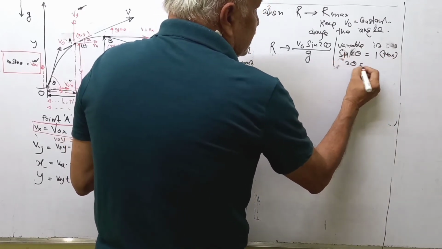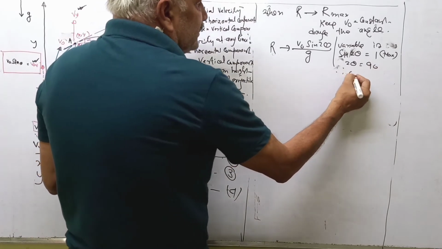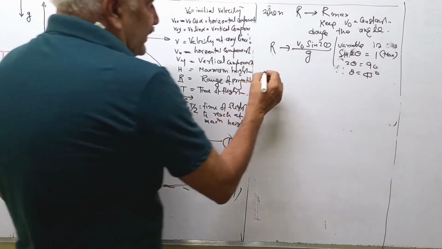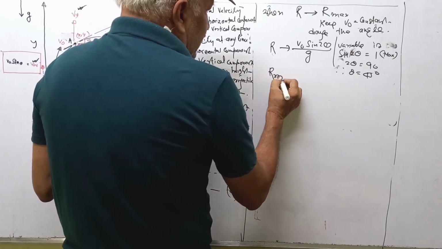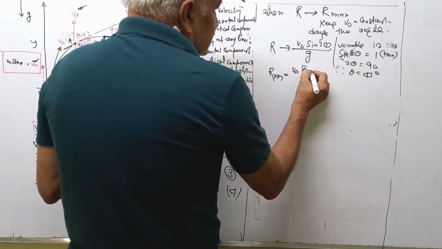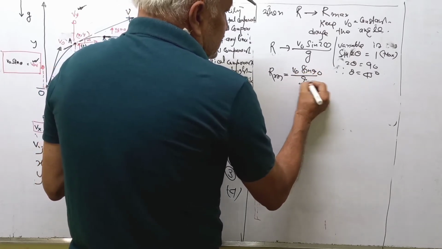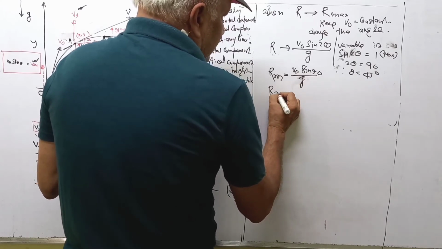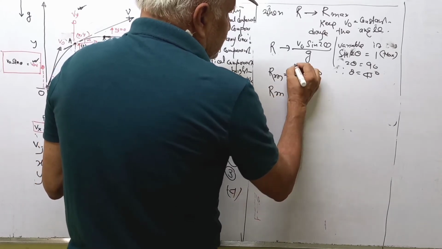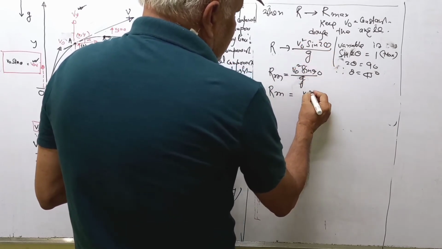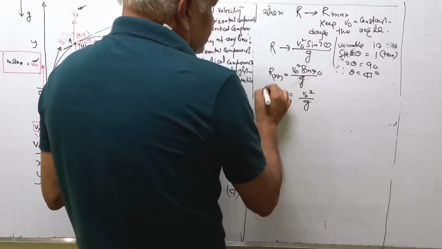Therefore, twice theta equal to 90 degree and theta equal to 45 degree. And at that time R will be R max, that means v0 square sin 90 degree by g, R max equal to v0 square by g.